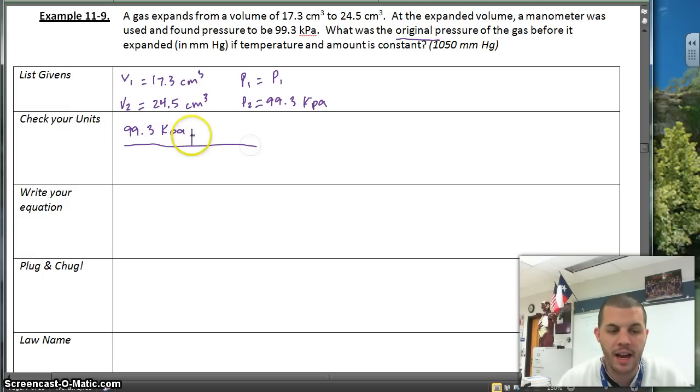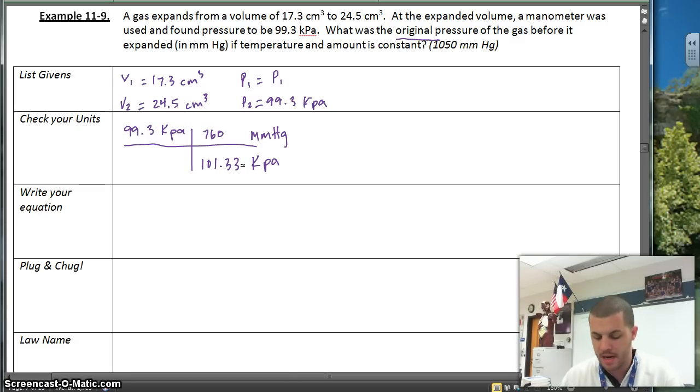We're going to convert that to millimeters of mercury. And I know that there are 760 millimeters of mercury for every 101.33 kPa. Okay, those conversions are on your green sheet.